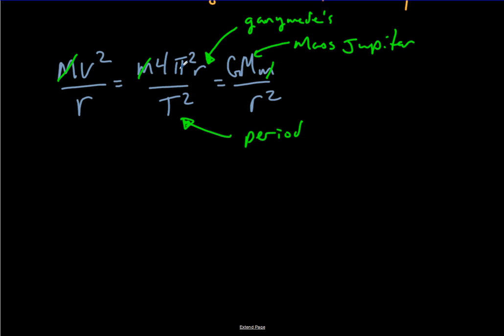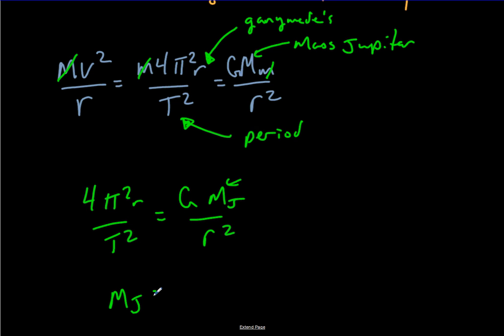So let me rewrite this formula, leaving the mass of Ganymede itself off, which is the little m. What we'll end up with is 4 pi squared r over T squared. We'll do some fun algebra here. What we want to do is isolate for the mass of Jupiter, M_J.